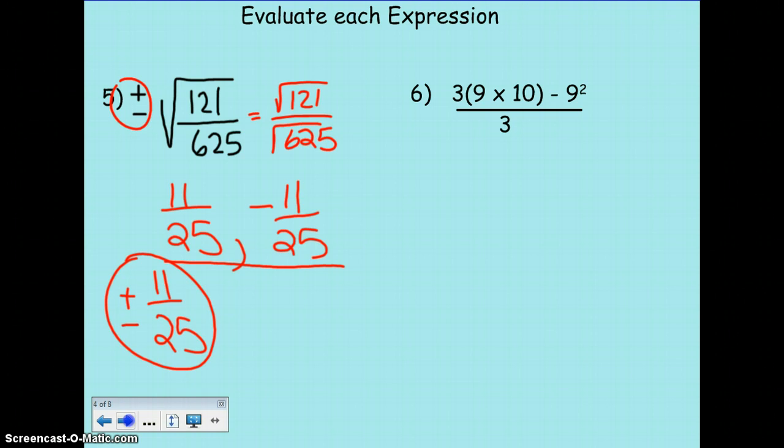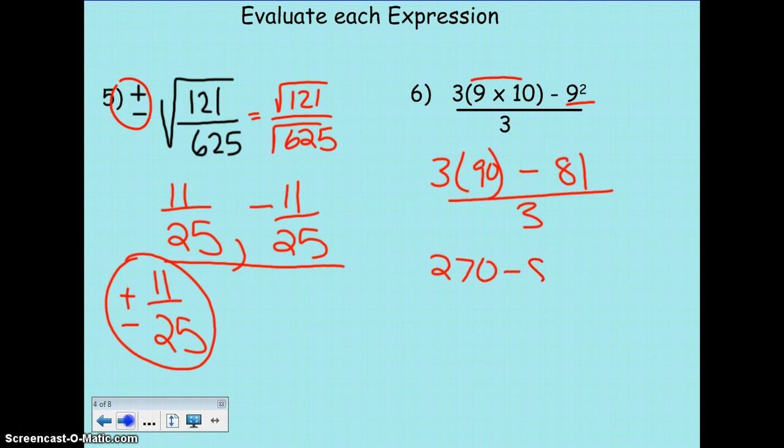Looking at number 6, I need to work within the parentheses first. So we have 3 times 90. Because it's separated, I can go ahead and do 9 squared. That gets me to 81 over 3. That will simplify to 270 minus 81 divided by 3.